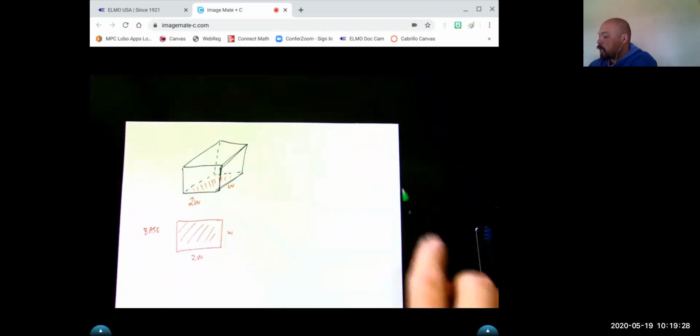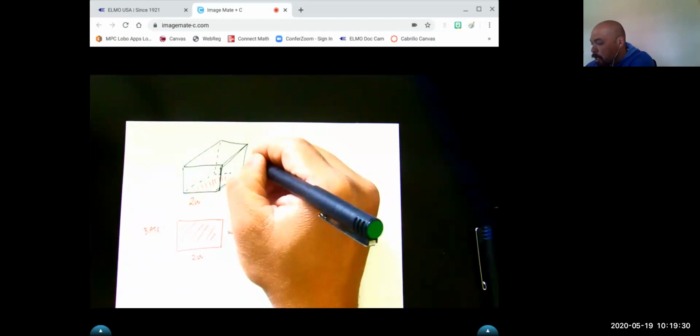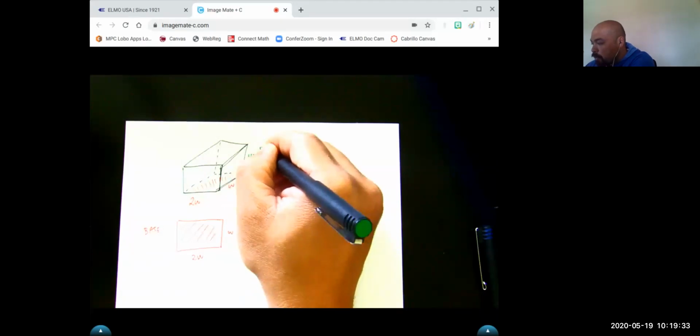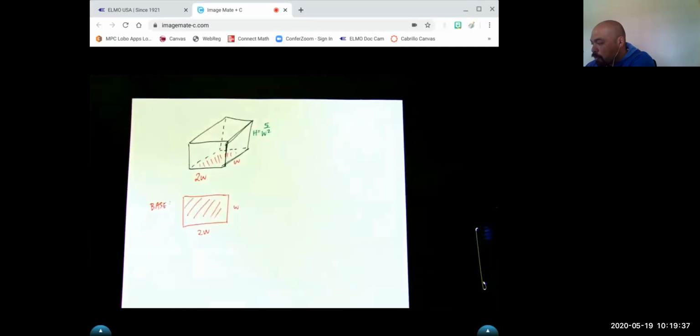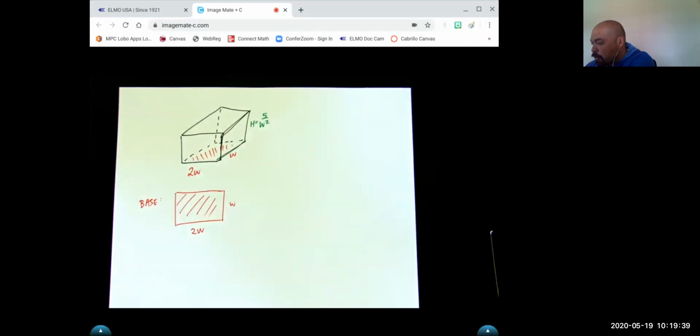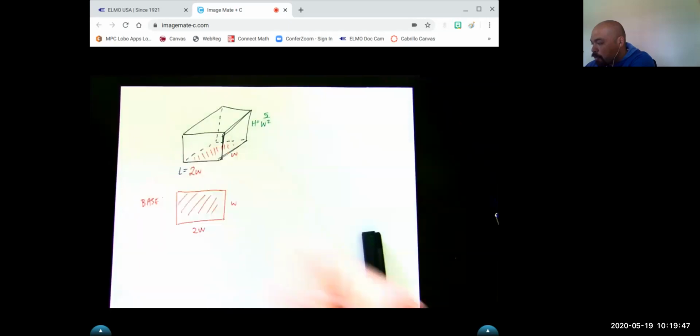And now let's think about our sides, right? So the height, we had talked about, was 5 over W squared, right? That was our last step, getting that constraint, the volume, to help identify how H is going to be in terms of W. I'm going to label here length. Okay.